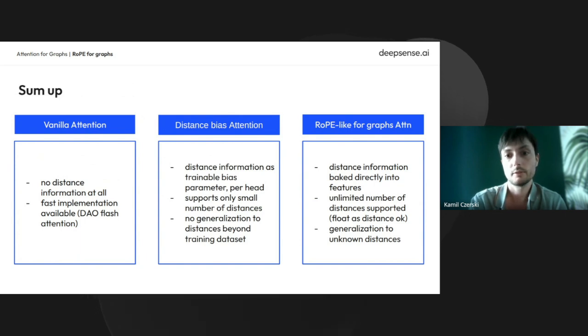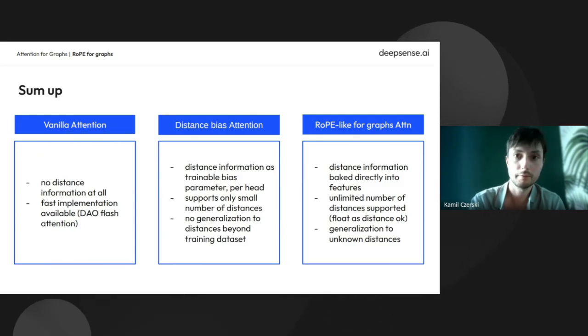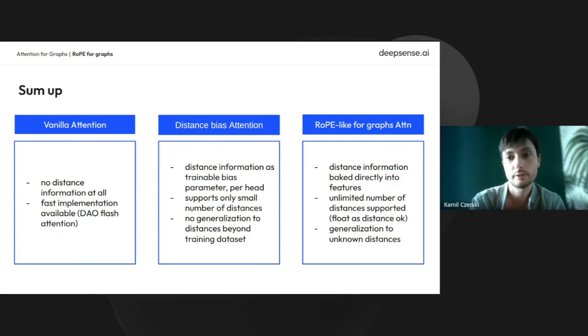Distance bias attention for graphs is the first approach that we and our client use. It works and it's quite straightforward, though it was not quite straightforward to get it very fast on CUDA. But it has limitations, like this small range of supported distances and no generalization at all.